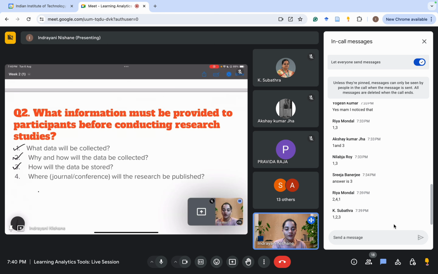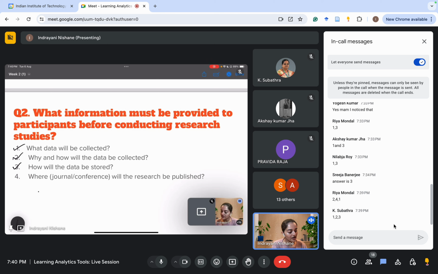You will not be able to capture their actual behavior pattern, or that will be influenced if you are clubbing your data collection with the formal assessment of the student. So that is advised against. You are introducing bias in the study. So if there is bias, your data will not be true and you will not be able to prove your hypothesis. So we need to tell them that also.